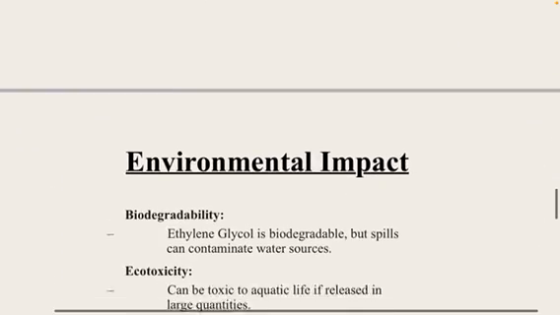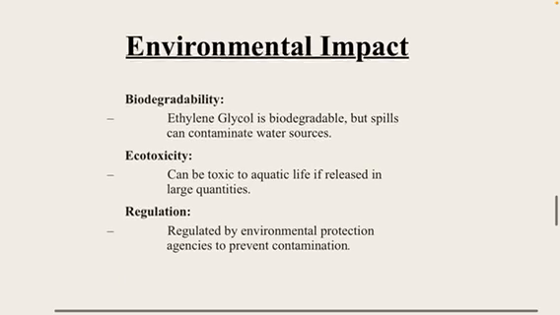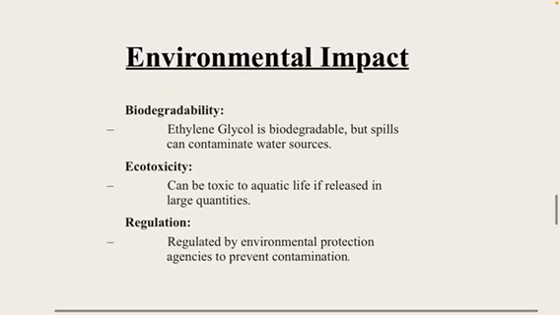Now we will move to our next slide, which is about the environmental impacts, in which we have its biodegradability first. Basically, it is the ability of substances to be broken down naturally by microorganisms such as bacteria and fungi into simpler non-toxic substances. Then we have ecotoxicity.